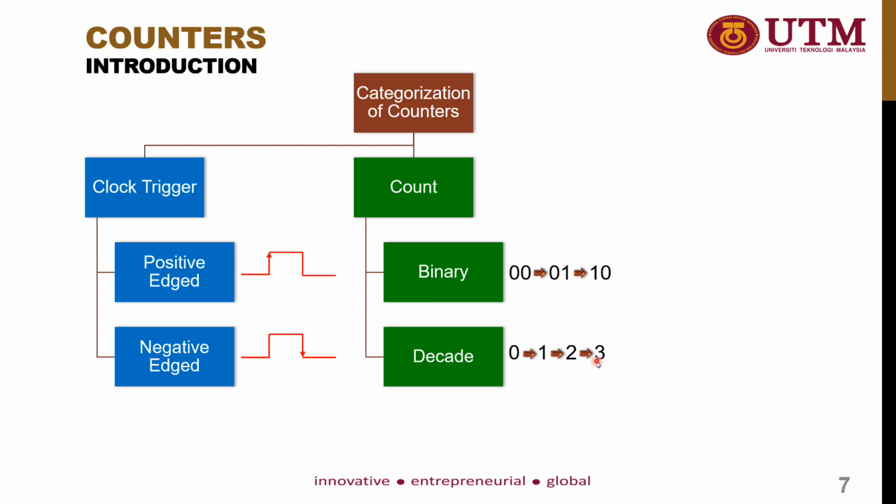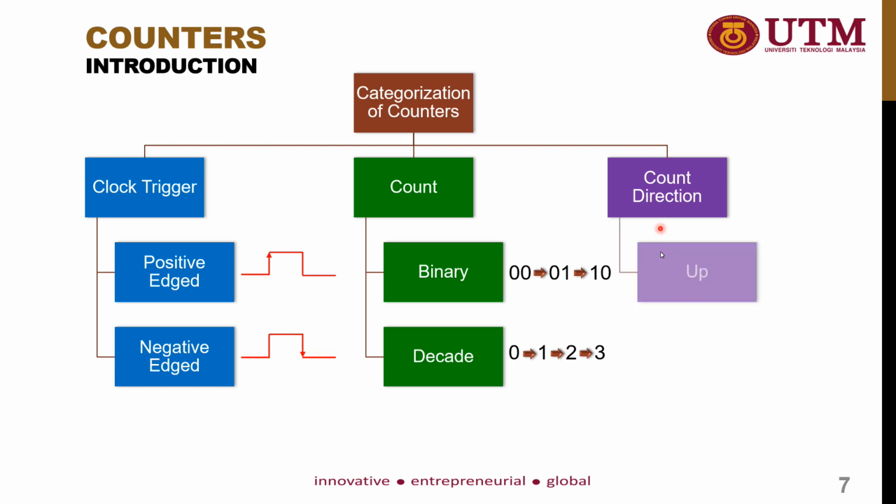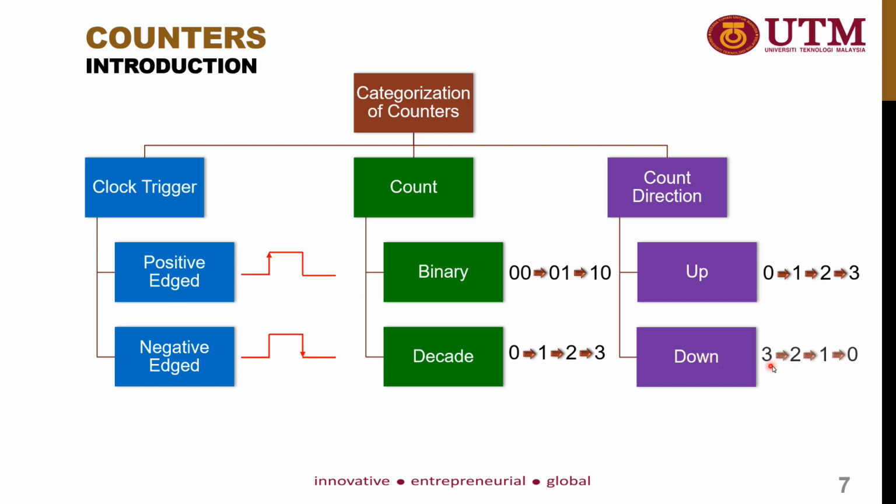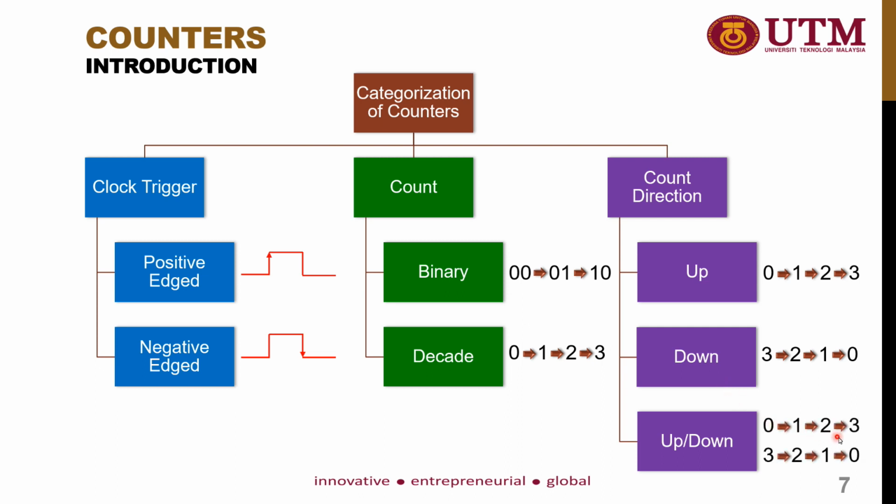The last category is the count direction. Either it is up, so 0 1 2 3, or it is down, which is 3 2 1 0, or it is up and down, so it can do both 0123 or 3210.